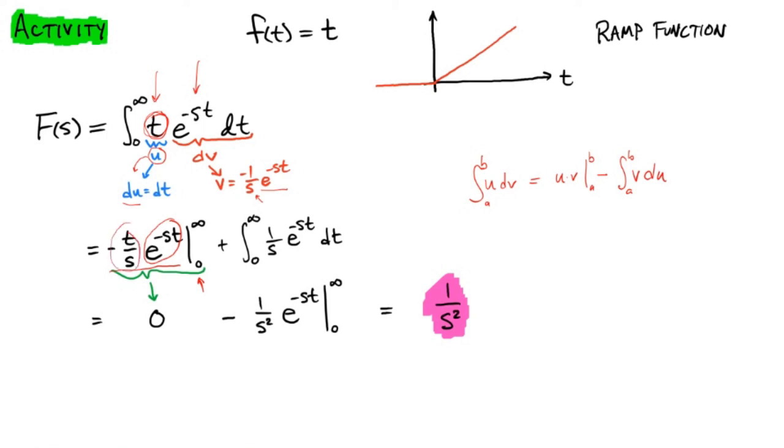And remember, the quantity that you're plugging in here is t equal to 0 and t equal to infinity. So then we're just left with this element, which is now able to be integrated directly, and we get this term, which allows us to understand that the Laplace transform of the ramp is 1 over s squared.